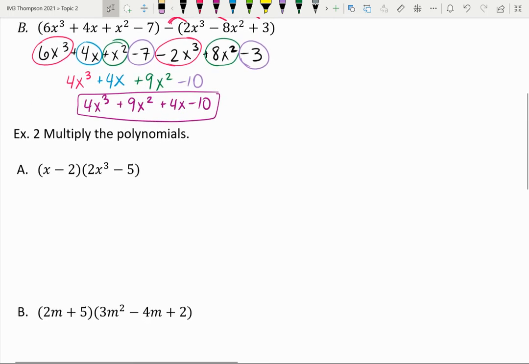So example 2, multiply the polynomials. A, we're going to multiply x minus 2 times 2x cubed minus 3.